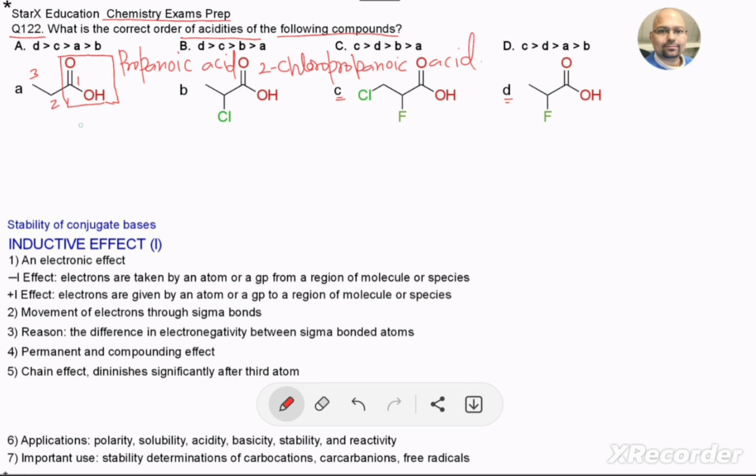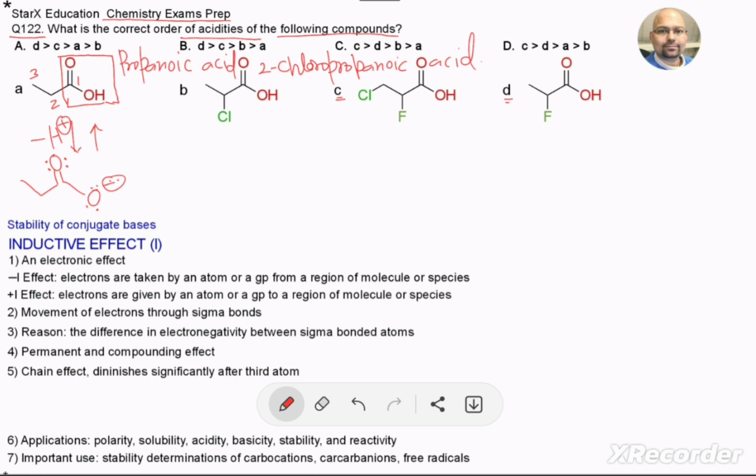Therefore, for the propanoic acid, let's draw the conjugate base. The conjugate base has a negative charge on the carboxylate oxygen, and there are 2 lone pairs of electrons on the carboxylate oxygen and 2 lone pairs of electrons on the carbonyl oxygen.